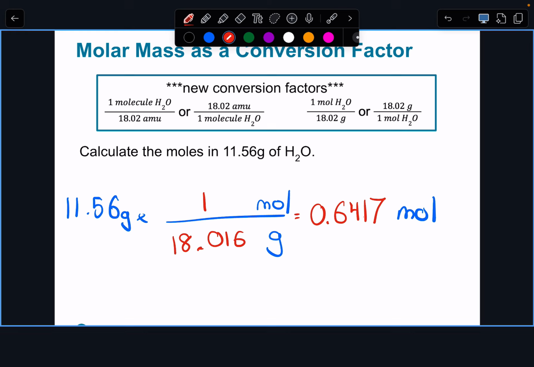The difference here is that this is moles of water molecules. Picture a bunch of little water molecules now instead of a bunch of little iron atoms. It's no different. We're just counting the number of molecules now instead of counting the number of atoms.